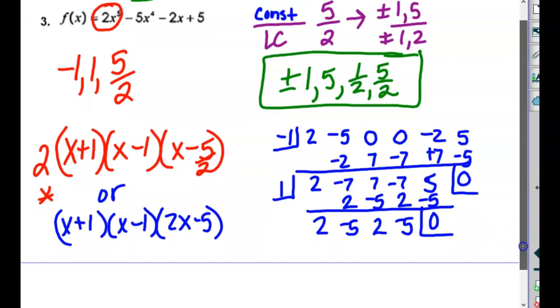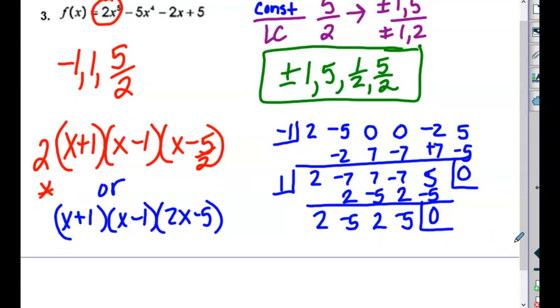But what's missing, there's supposed to be 5 zeros. What does this represent? That's a constant. This is an x, x squared, and x cubed. Down to that.